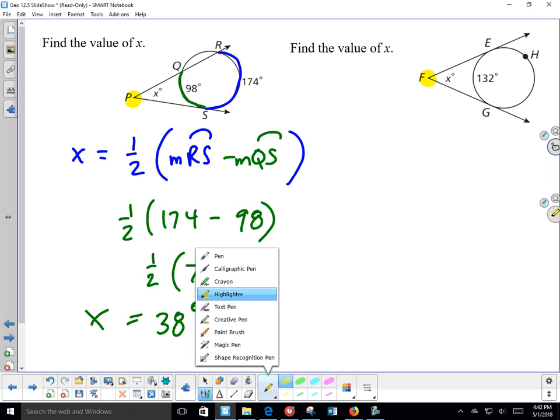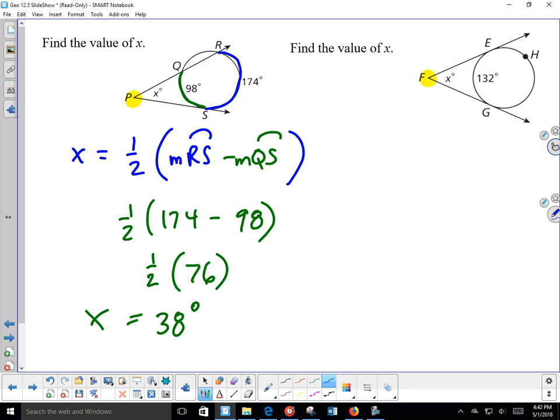So we want to use our formula that says the measure of angle, or I'll just say x in this case, x is going to be found by taking 1/2 of the difference between the measure of arc EHG, that's this arc from here around to here, minus the measure of arc EG. That's just this little arc here.